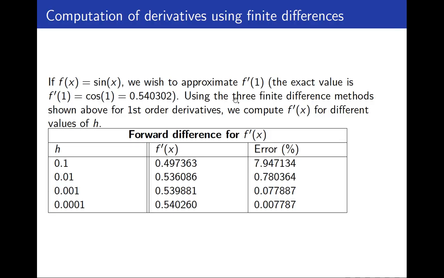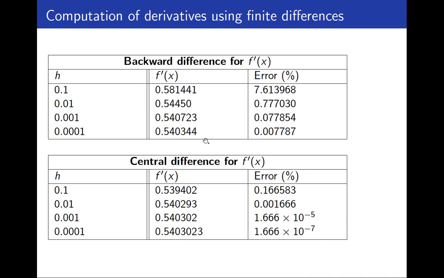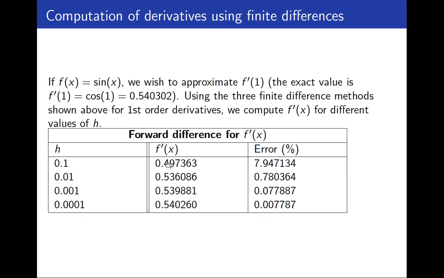So now I want to use the three difference methods that I showed before, the forward, the backward, and the central difference, to estimate the first derivative of f. I use different values of h, which are reported here, and I obtain an approximation of f using these methods.